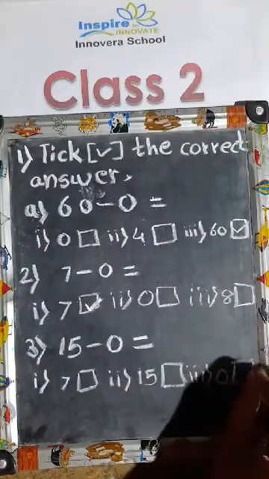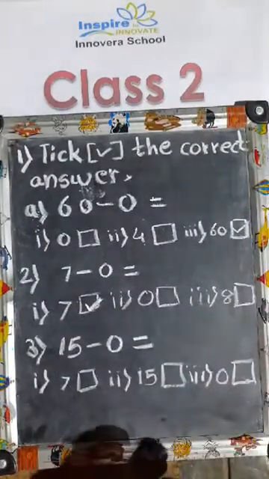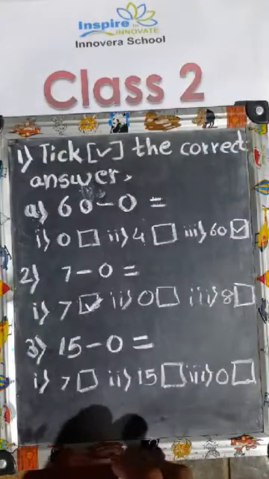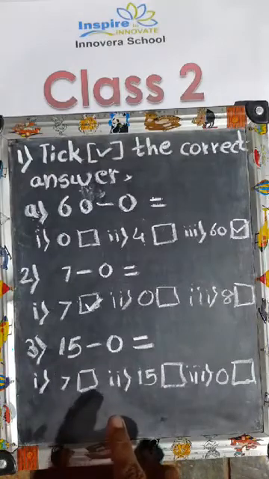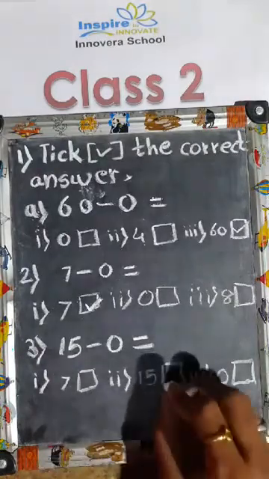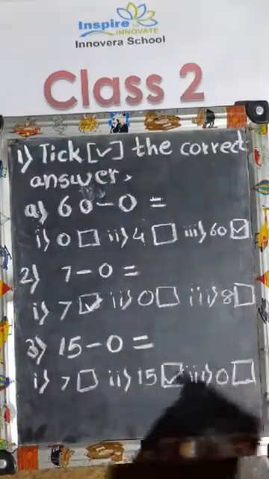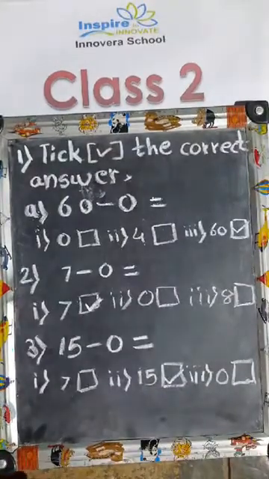So which one is correct? Among them, which one is correct? Option 2. Option 2 is the correct answer. That's good. Okay. Now, I'm giving 2 minutes to write your work.